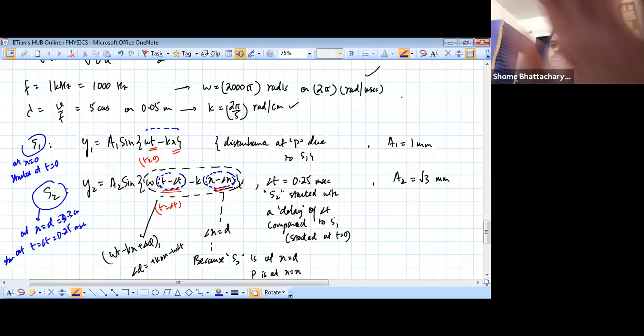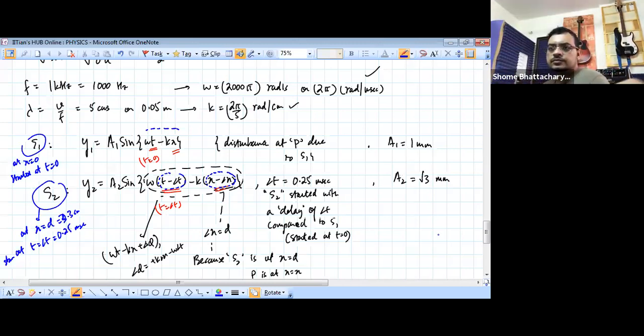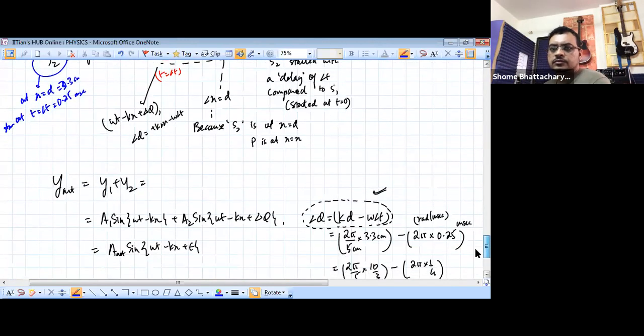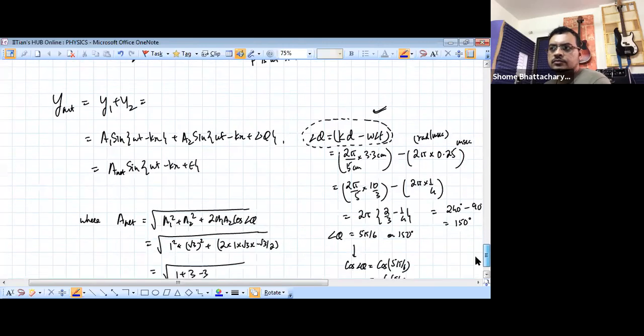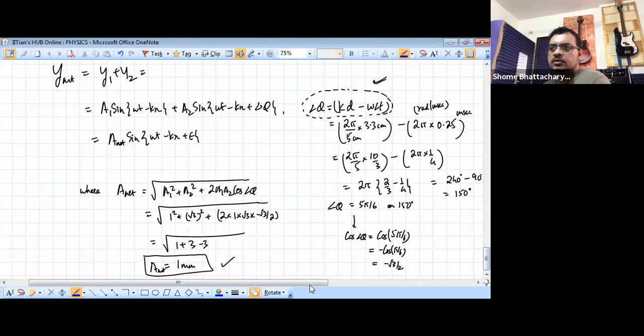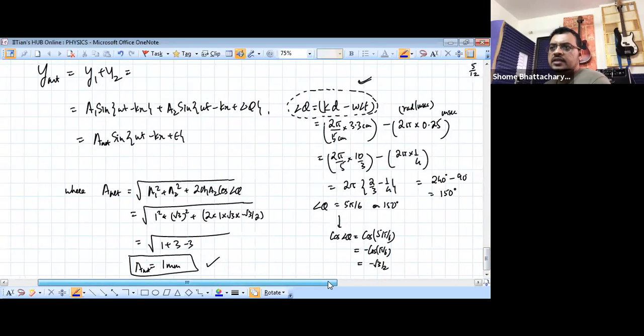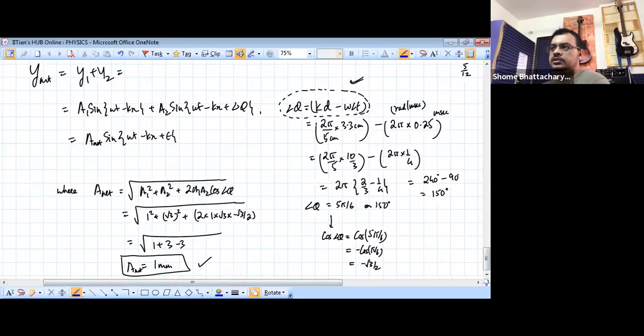Okay, good. So now, extra work in the sense of writing the two equations is not necessary actually. We can understand the phase difference logically also. So I'll come to that.